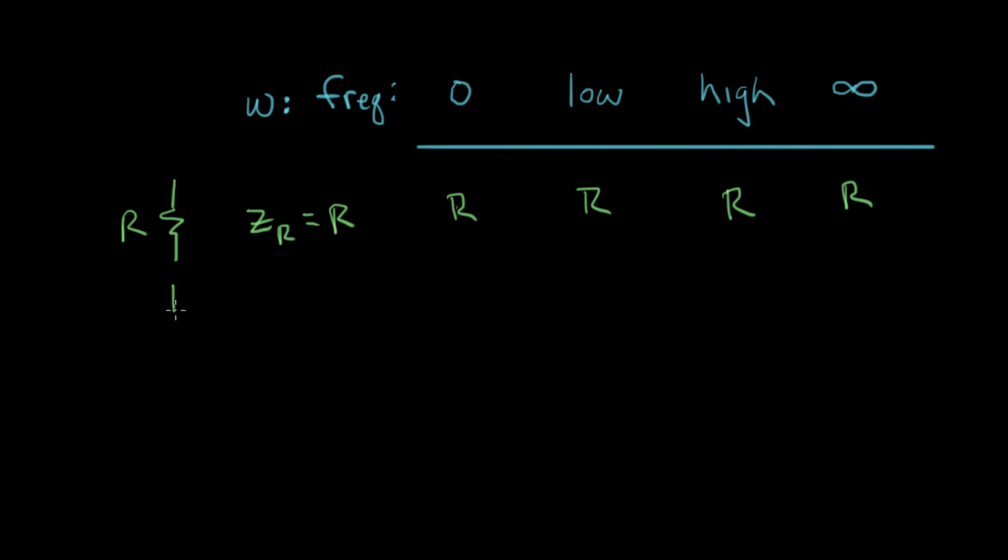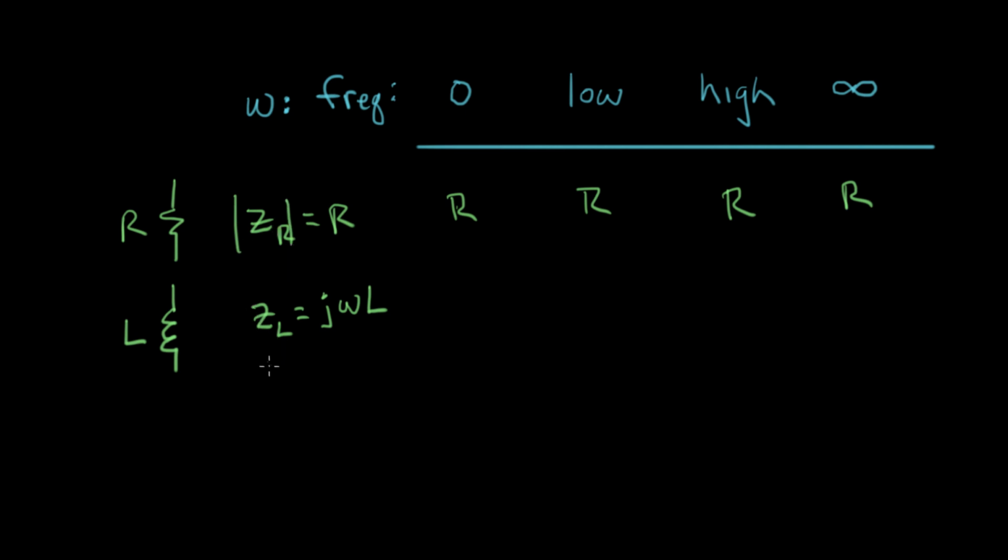So now let's do the inductor. We decided that Z of an inductor was j omega L. And let me do something very specific. I'm going to get rid of this j. I want to just look at the magnitude of the impedance.